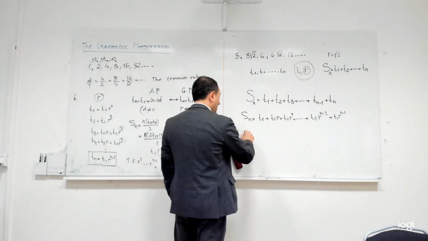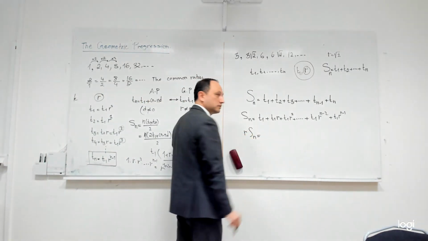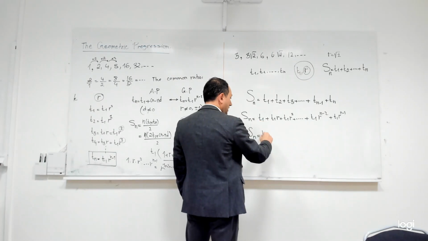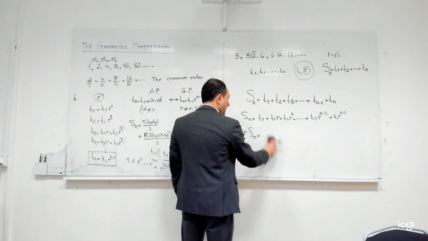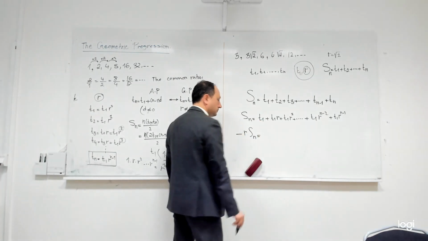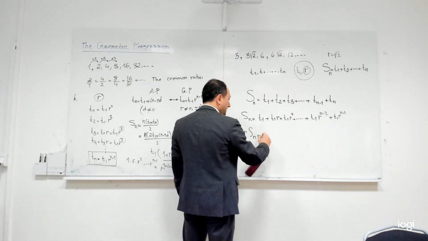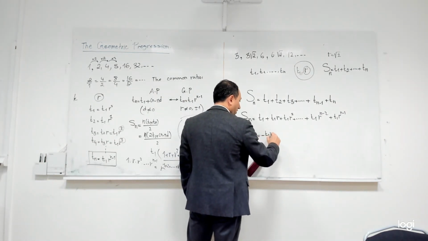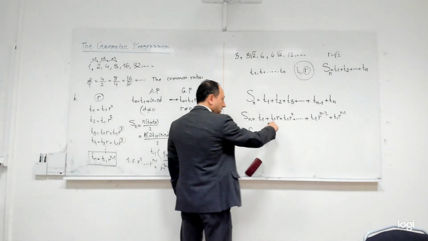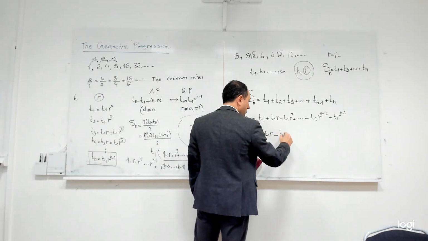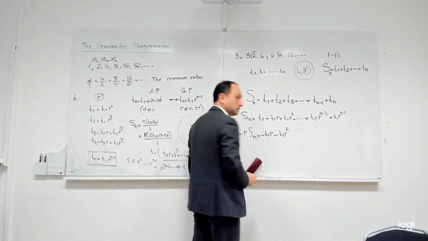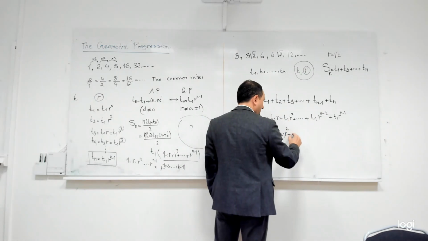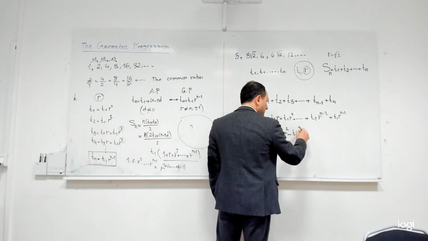Now, let me multiply this by only r. Yes? So r Sn becomes what? Becomes T1 times r. And if you don't mind, let me multiply it by negative r. This becomes negative T1 r. The second term becomes negative T1 r squared. The next one becomes negative T1 r cubed.